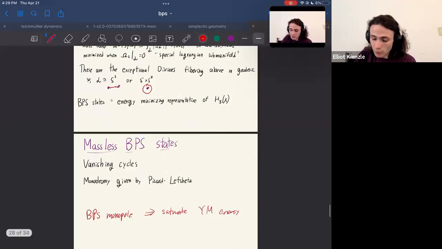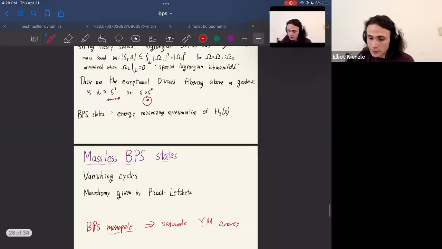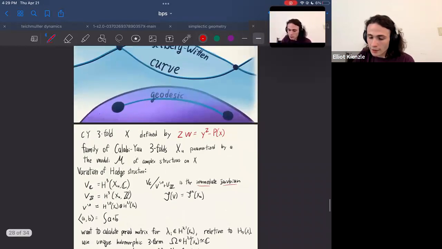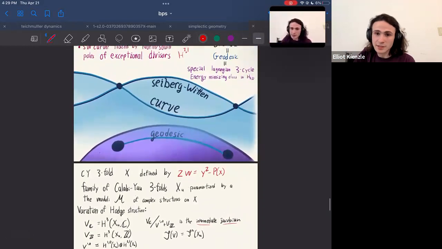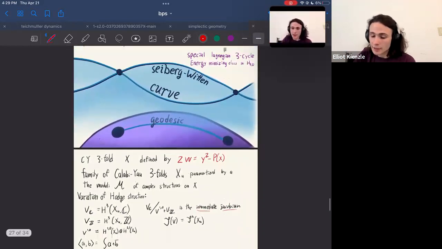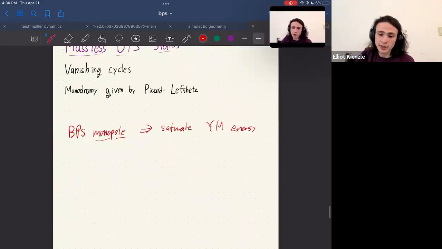And these BPS monopoles come up in the limits where the masses of these BPS states vanish. And when that happens, that's where all of the Seiberg-Witten invariants and stuff comes in, because you have to integrate over the moduli space of these monopoles.